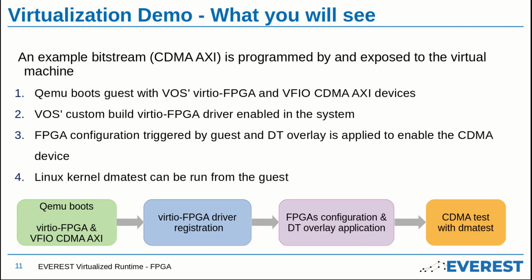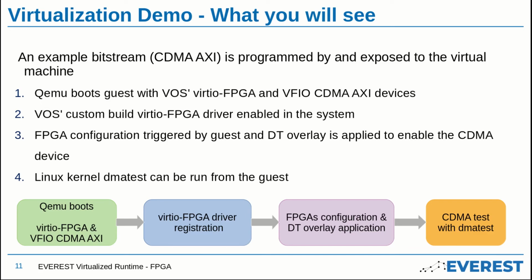During QEMU bootup, both the virtio-FPGA device and the CDMA AXI device are assigned to the guest. Then, FPGA configuration will be triggered by the guest, followed by the device tree overlay application, which will set the CDMA device status to enabled. Finally, we will see the Xilinx VDMA driver probed to the device, and we will run a test.